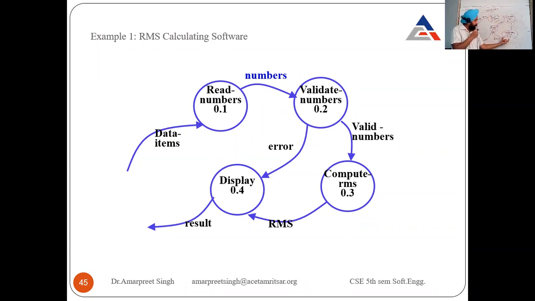So in computing, 3 further sub functions are required: squaring the numbers, making A square, B square and C square from A, B, C, then adding them, then finding the square root. This can be exploded further, and I will explode it in the next slide.